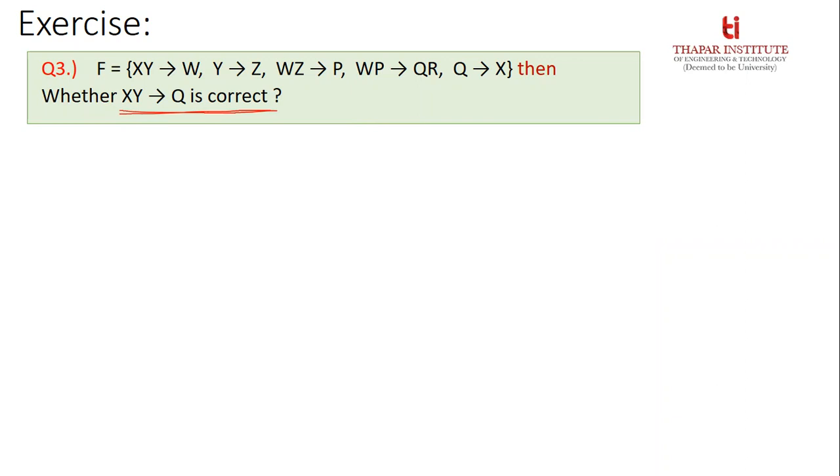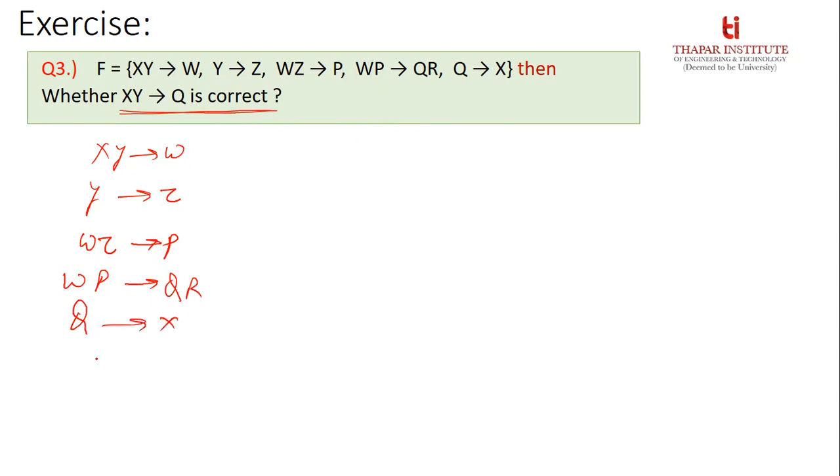Yes, do this. You can mention the dependencies: X tends to W, Y tends to Z, WZ tends to P, WP tends to QR, and Q tends to X. Now you have to check for X, Y tends to Q.